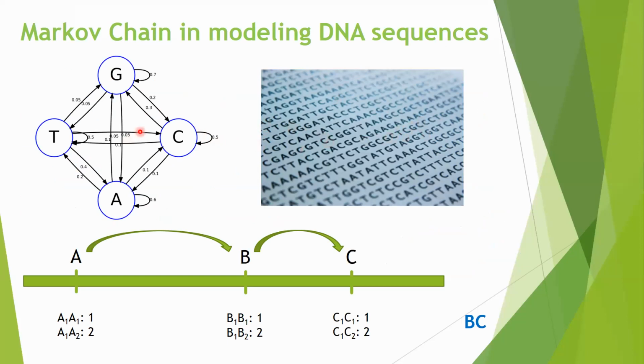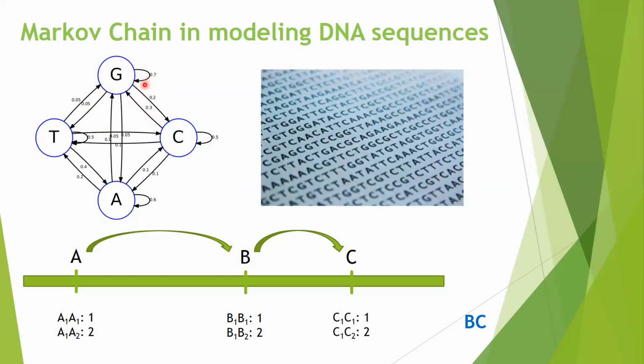For each locus there are 4 possible states rather than 2, representing 4 different letters, or bases. Suppose the current locus has the letter G, and we want to see what the next letter at the next locus will be. There are 4 possible ways, right?